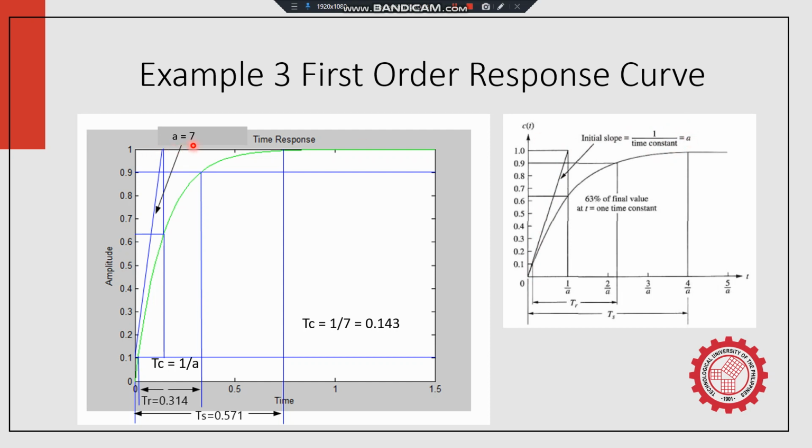So it's 7 over 1. If you will notice, from 0 to that point it has a slope of 7, which is the value of a. Okay, so that's it.